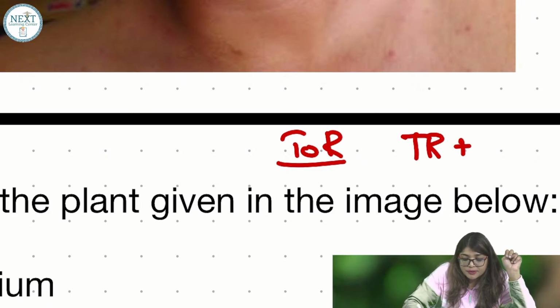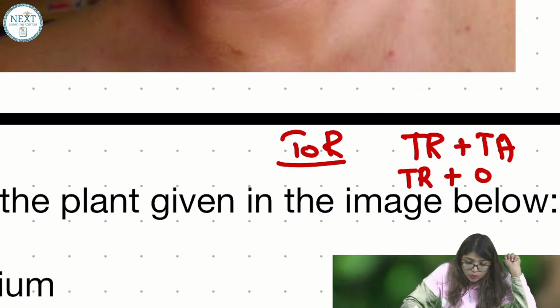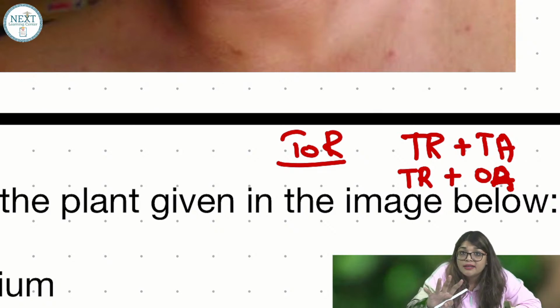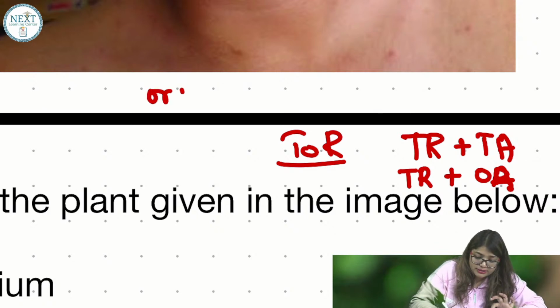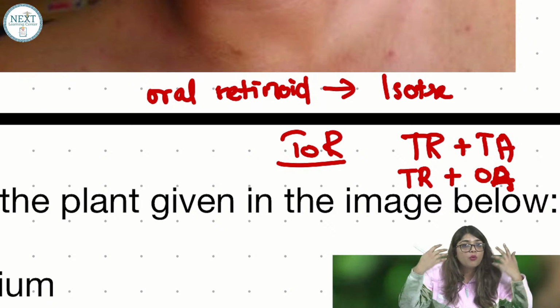Topical retinoids plus topical antibiotics. Grade 3 acne? Topical retinoids plus oral antibiotics. And grade 4 acne, it is oral retinoids in the form of isotretinoin. Isotretinoin is nothing but your oral retinoid.